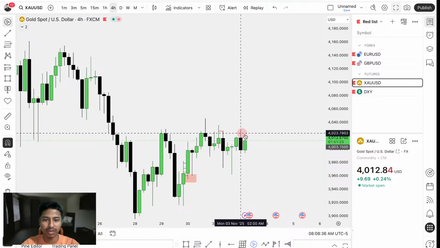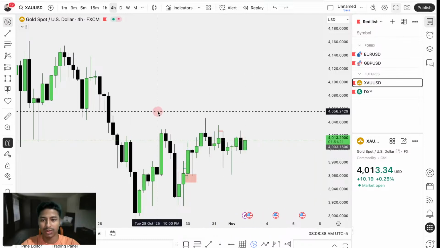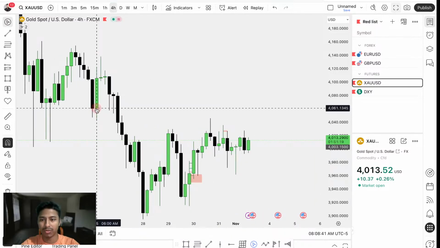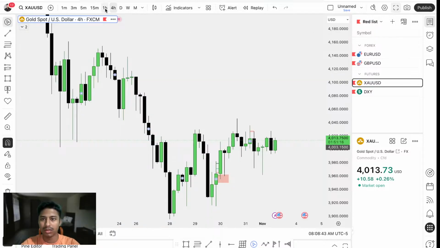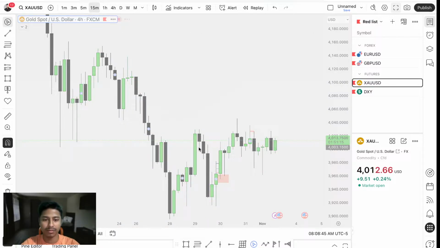We have trend line liquidity here too, which could be taken out and hit this OB on 4 hour time frame.